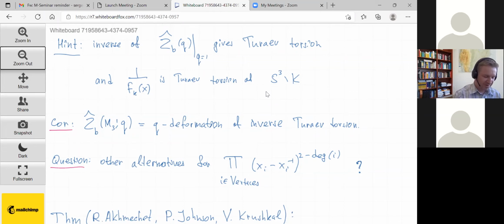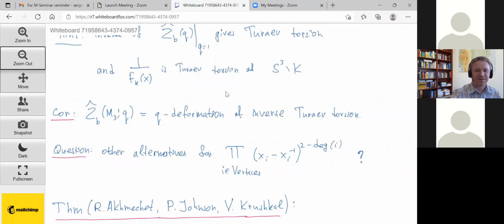Here F and R is a set of data which is labeled by n, a non-negative integer, and r, which is any integer. The admissibility condition means that F of n plus 1, r plus 1, a very simple recursion relation, minus F of n plus 1, r minus 1 equals F of n, r.